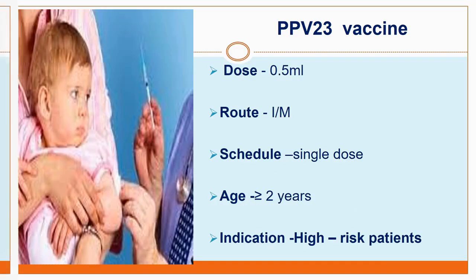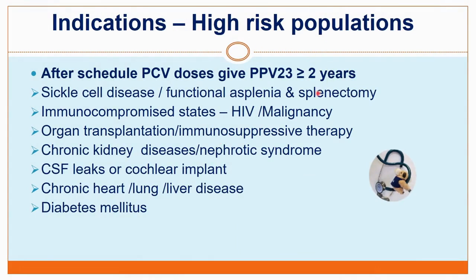The high risk populations for that vaccine are sickle cell disease, where there is a functional asplenia, and children who undergo splenectomy, this is important, immunocompromised state like HIV, malignancy, organ transplantation, immunosuppressive therapy, chronic kidney disease or nephrotic syndrome children, CSF leaks or cochlear implant, chronic heart, lung, liver diseases, diabetes mellitus. So all these are high risk populations who should receive this vaccine.